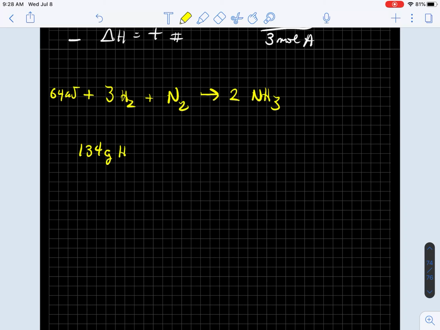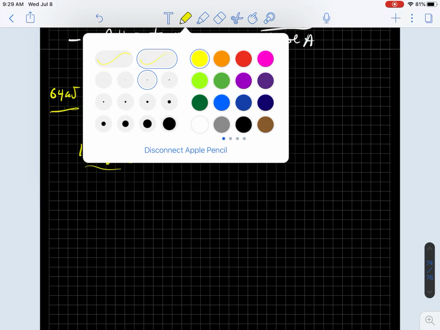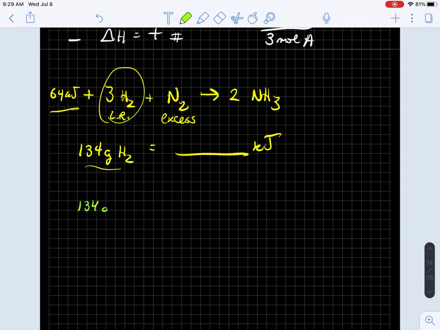And they say, all right, we are going to react 134 grams of hydrogen. I want to know how many kilojoules of energy will be absorbed. All right, well, first of all, we know that the hydrogen must be the limiting reagent here because it's the only chemical they mention, and that the nitrogen must be in excess, and that we have enough heat to run the reaction. So I'm going to start with what they give us.